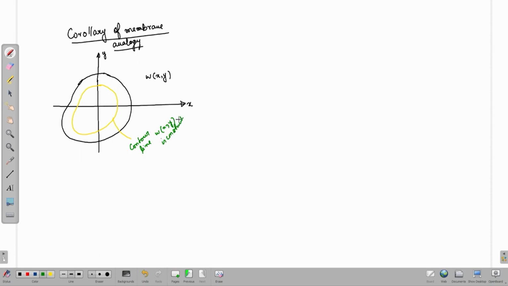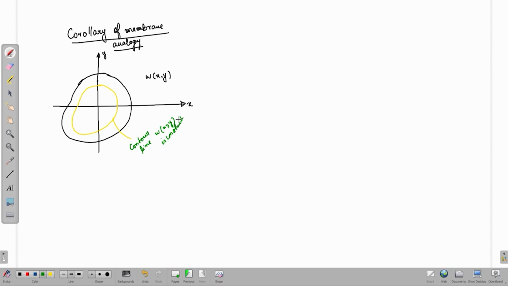Right. So, the usual meaning of contour line: I take the membrane and draw the lines along which W is constant, or the line connecting the points with constant displacement, which is called the contour line. Now, let us see what is the property of the contour line.